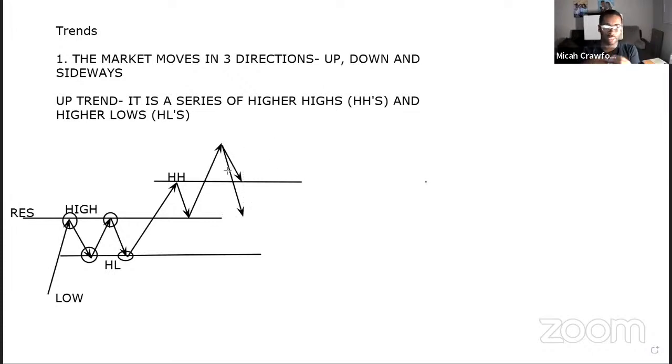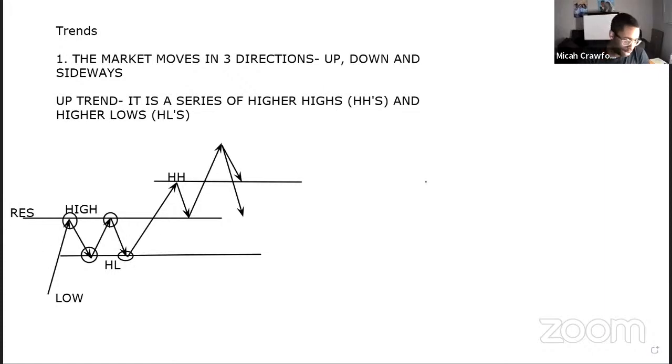Because I'm looking at two different areas that price could buy off of. So that same principle of buy low, sell high still applies, right? But this is what I'm typically looking for. Either for us to buy off of the previous high or look to buy off a previous low.